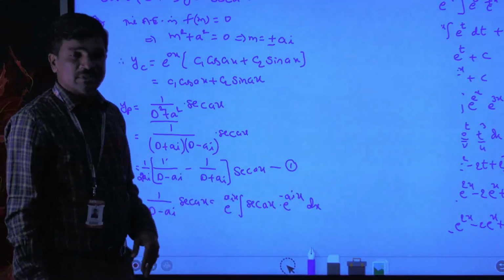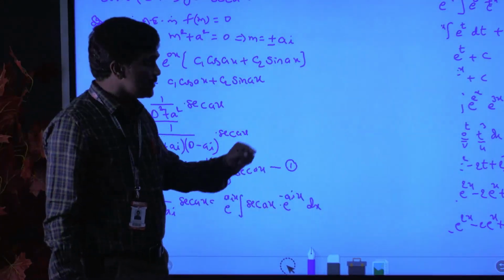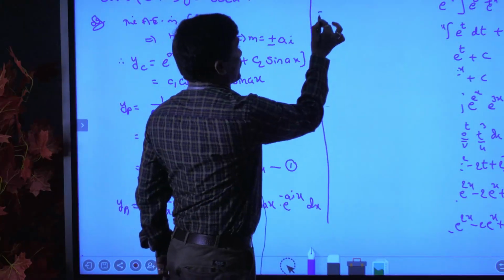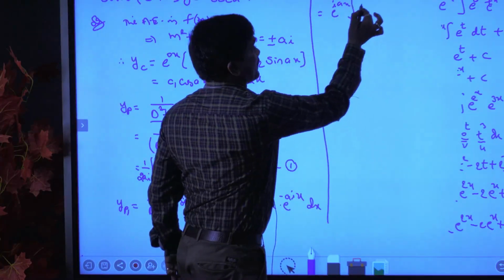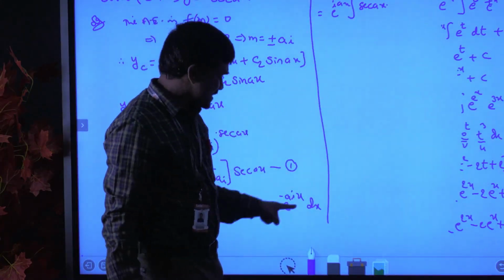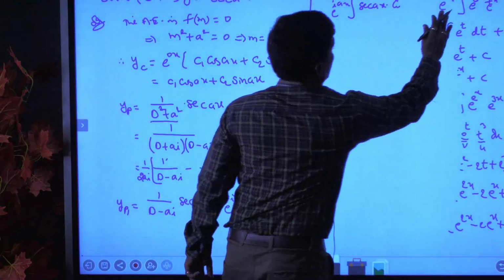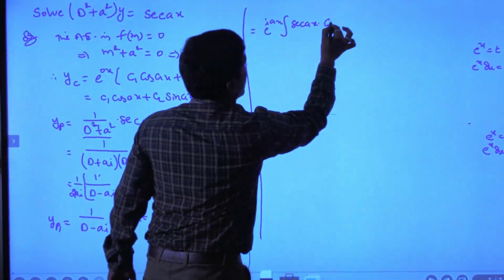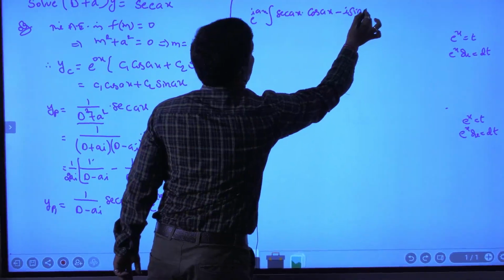Now the solution of this integral: e power minus iax can be written as cos ax minus i sin ax.